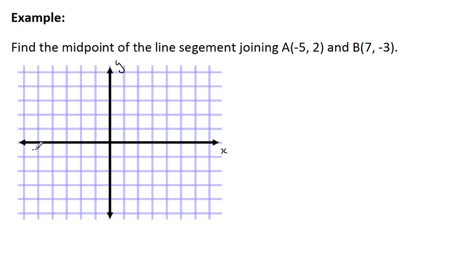That goes to -5 here on the x-axis and 2 on the y-axis, which takes us to this point here, point A. Point B is 7 on the x-axis, 1, 2, 3, 4, 5, 6, so it's right at the end here. I'll put a little marker there, and it's -3, 1, -2, -3. So I'll mark this down here at -3. So there's our point B.